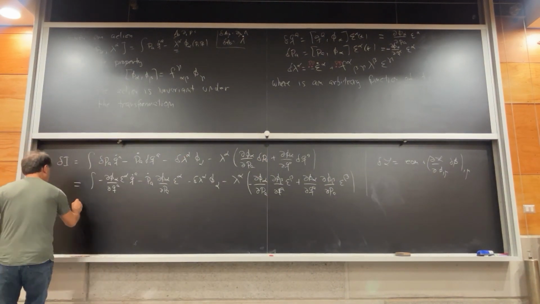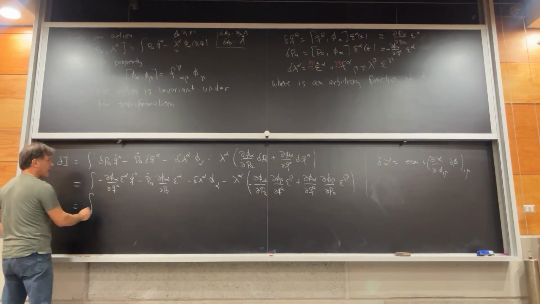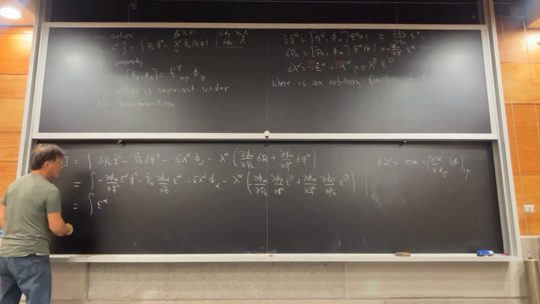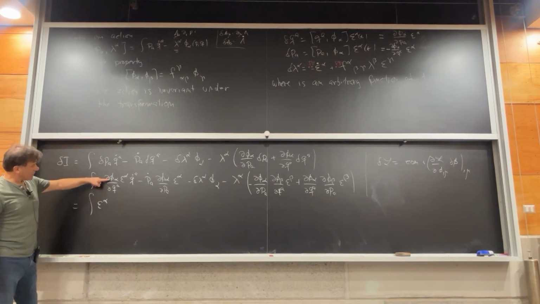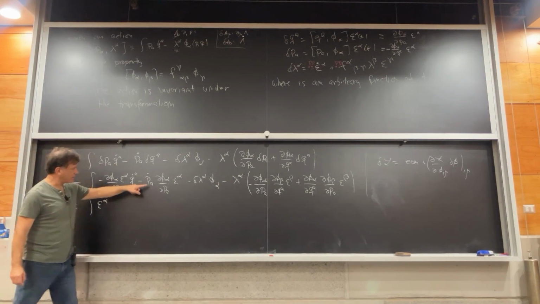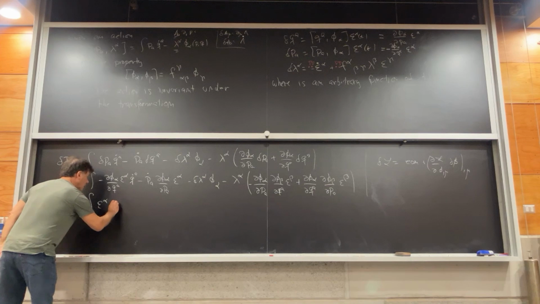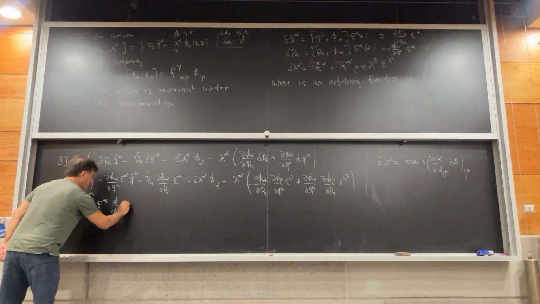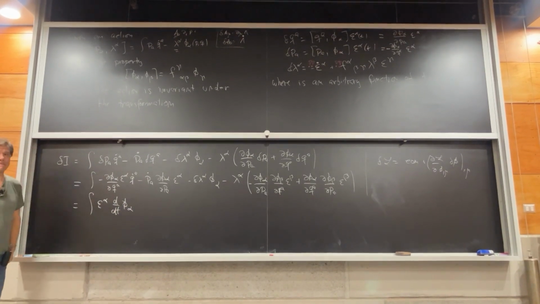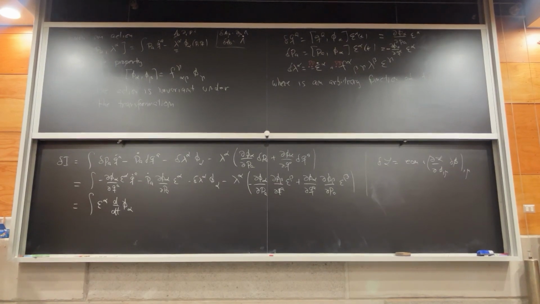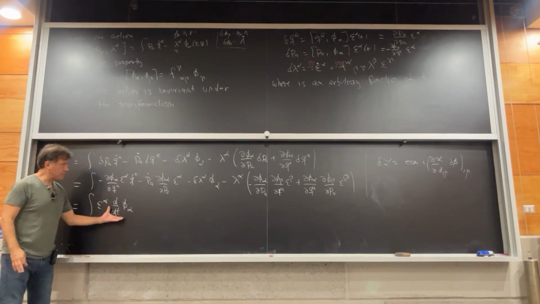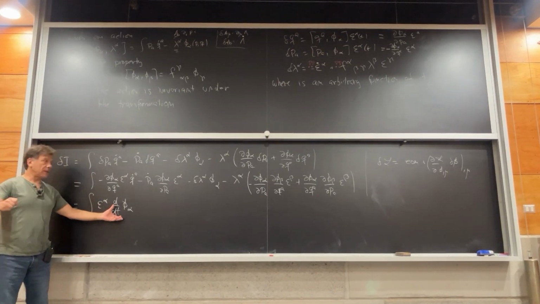Okay, so now here, what do I have? I have epsilon alpha, but you see what I get? The variation with respect to Q times Q dot, the variation with respect to P times P dot. This is exactly the total derivative of phi alpha, the derivative with respect to one function with respect to P plus the other one.